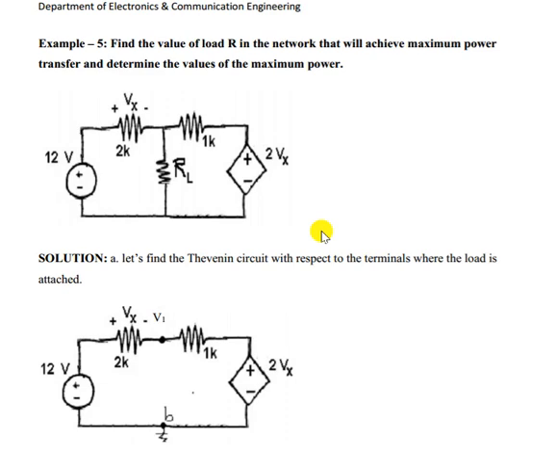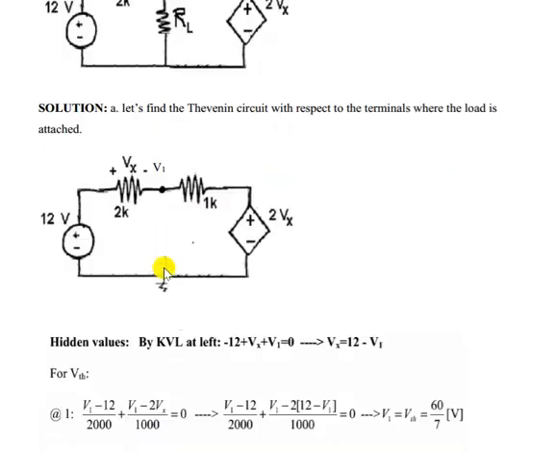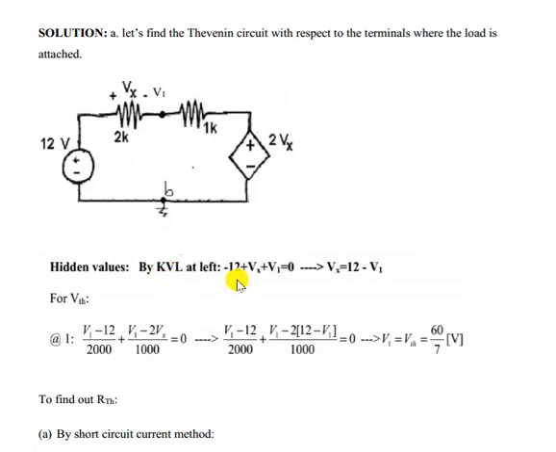So another problem, let us say, this is the RL, so remove the RL. So this is your V1 which is equal to VTH. Now applying KVL at this particular loop, looking at the minus terminal first, minus 12 plus Vx plus V1 equal to 0. So Vx equal to 12 minus V1.